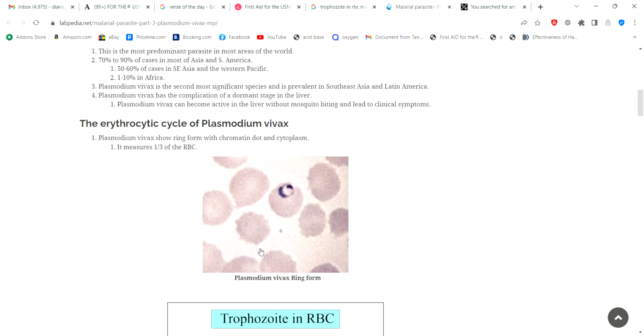Treatment for P. vivax and P. ovale is chloroquine and primaquine.